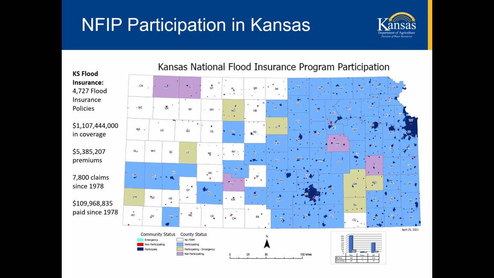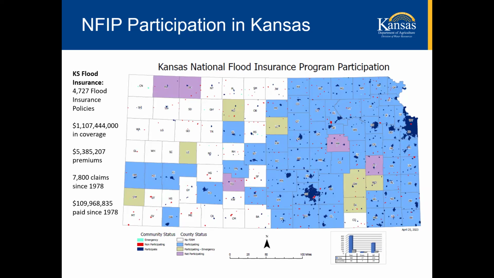That's the total for all of the counties in Kansas. We've had 7,800 claims since 1978, and $109 million paid out since 1978. Those are just some insurance stats. Again, it's a national trend that they've been decreasing and getting dropped, which is unfortunate because of the scale of disasters that we've been seeing over the years. Like in 2019, we had widespread flash flooding in Kansas.